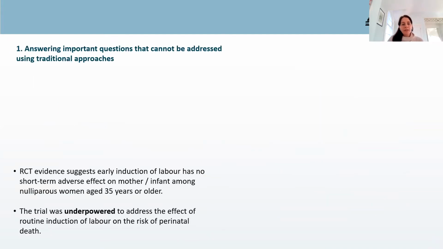So firstly, we can use these administrative data cohorts to answer questions that are otherwise hard to address using traditional data collection approaches. So for example, there's evidence from randomized controlled trials that early induction of labour before term or before 40 weeks has no adverse effects on the mothers or infants among groups of mothers who are traditionally thought of as being more high risk, so first-time mothers aged 35 or older.